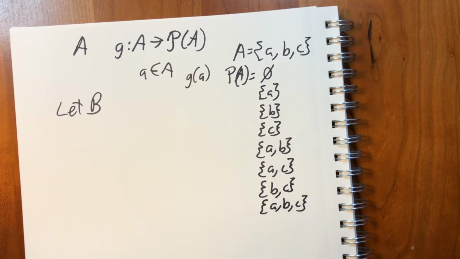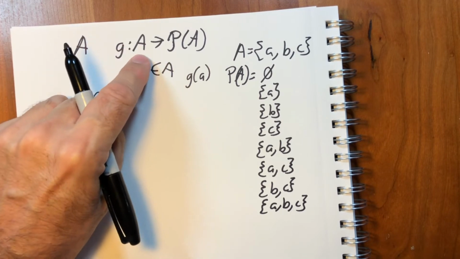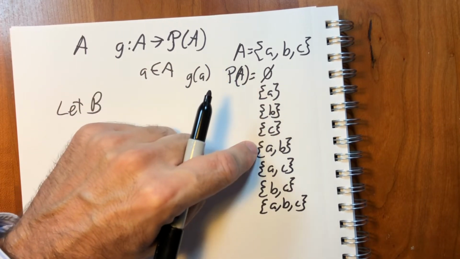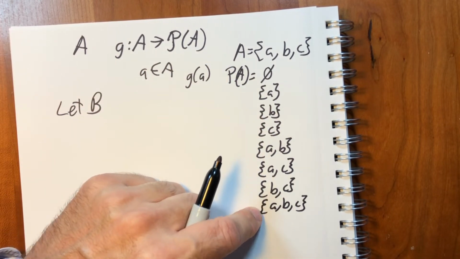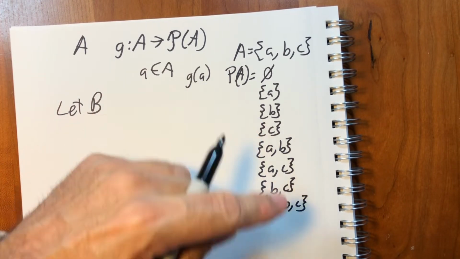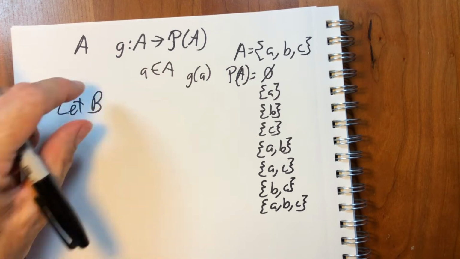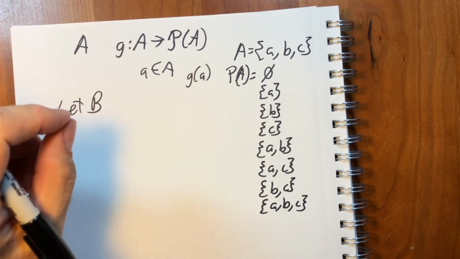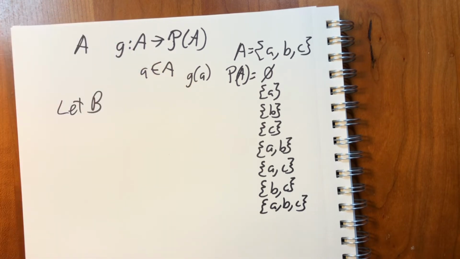Whatever G is, for every element inside the set, some of those elements are going to map to a set that contains that element, and some of them are going to map to a set that does not contain that element. So let's let B be the set of all the elements of A that G maps to a subset that does not contain that element.